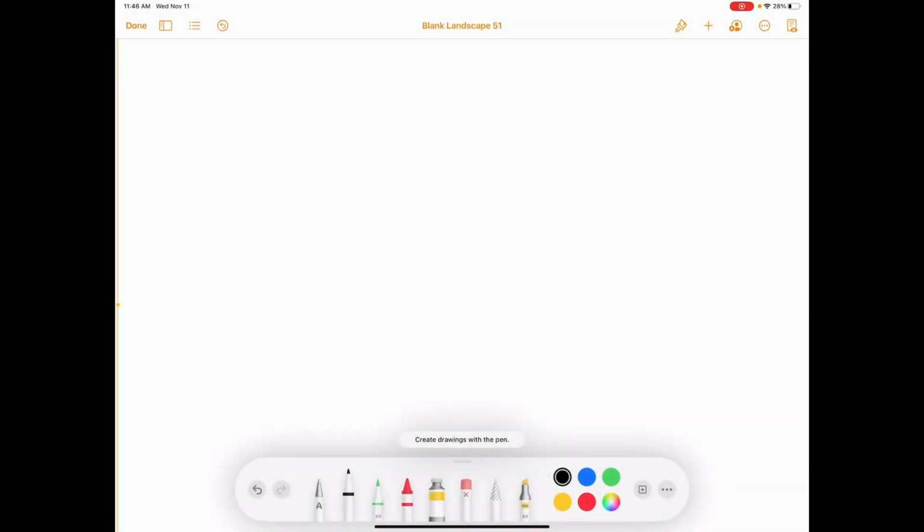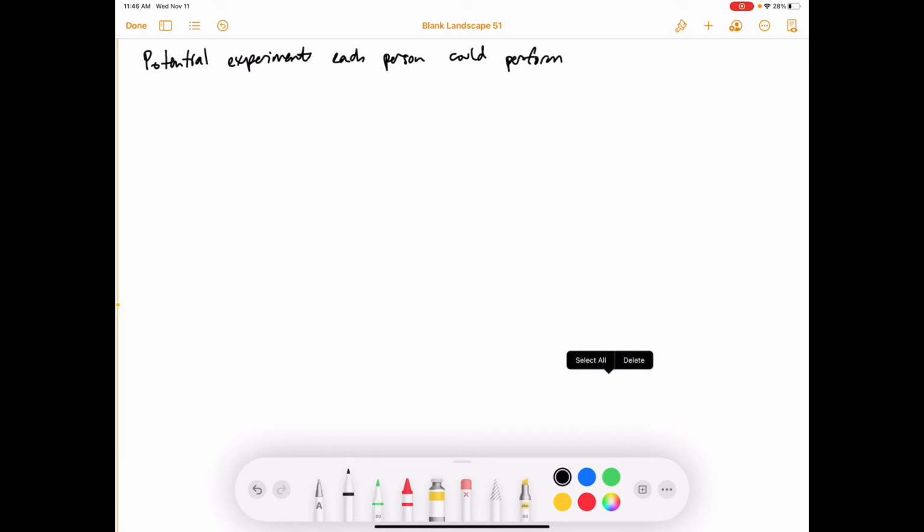So to go a little bit deeper into this, let's think about some potential experiments that each person could perform to try to figure out which box they're in. Okay, so one thing you could do is you could drop an object. Maybe we'll drop an apple in our box.